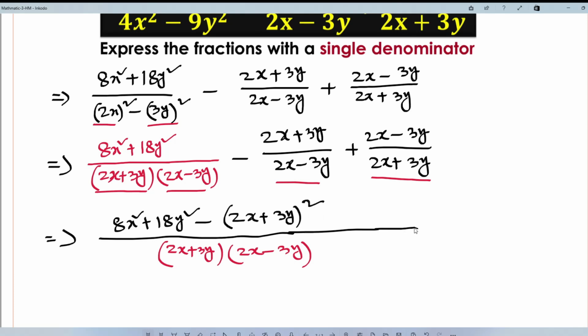The third term is also the same, (2x − 3y) whole square.